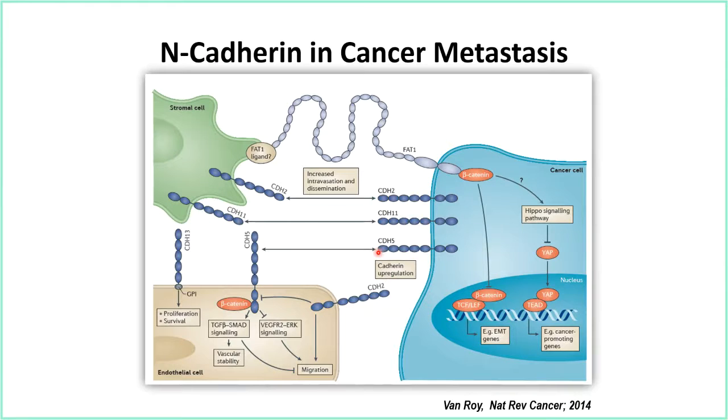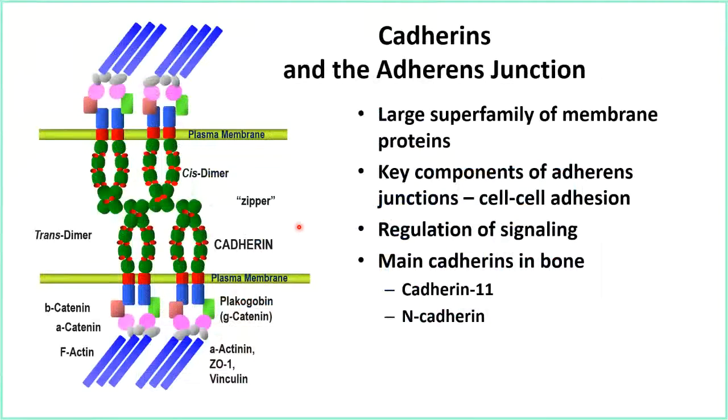So depending on the type of cadherin that's expressed and on the differentiated state of these cells, different types of interactions can occur. And this is just a picture of cadherins and how they are part of the structure called adherens junction.